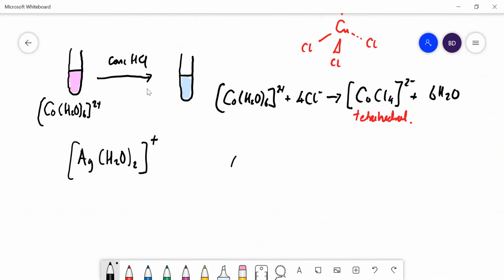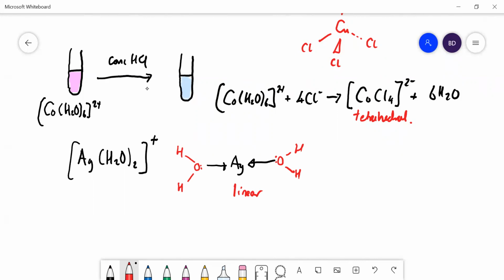And if you want to know the shape of that, well, they'd try and get as far away from each other as possible. So here would be your water molecules. And the shape of that is linear, and the bond angle would be 180 degrees. So silver is a bit of a peculiarity.